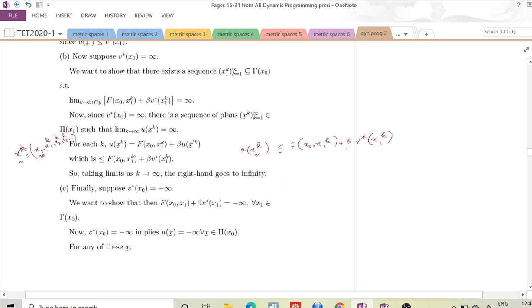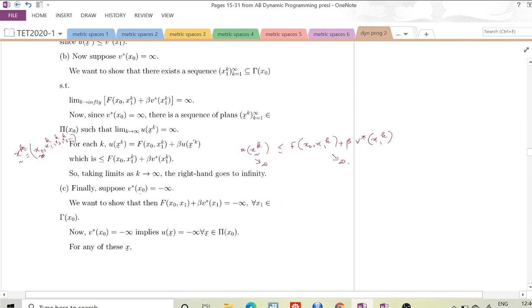Now take limits as k tends to infinity. Okay, so we had a sequence of plans so that in the limit the discounted present value went to infinity. So this goes to infinity and therefore this goes to infinity. So you've shown that V star of x naught is infinity, but then there's a sequence of next period states such that this right hand side of Bellman goes to infinity. Okay.